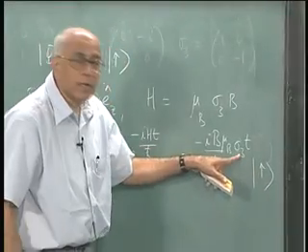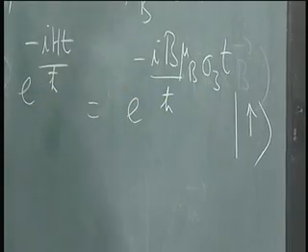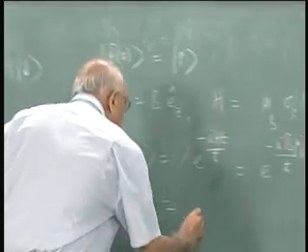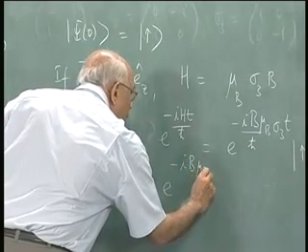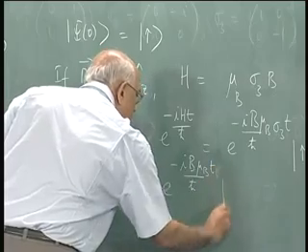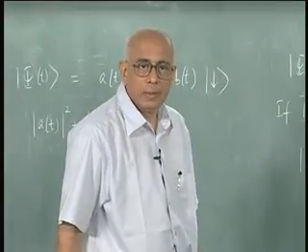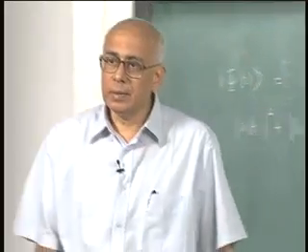This is an eigenstate of sigma 3 with eigenvalue plus 1, so you can replace this sigma 3 by 1. So this is equal to e to the minus i b mu b by h cross t on 1 on up. So nothing happens, it is just a phase factor.